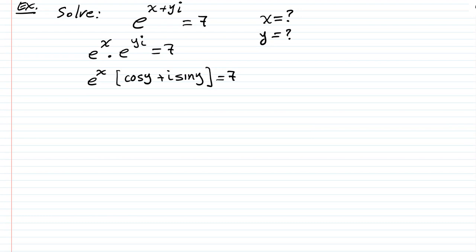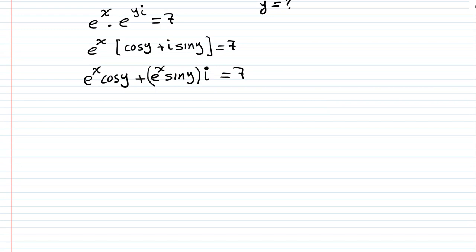Now on the left, let's distribute e to the x, so we get e to the x cosine y plus e to the x sine y times i, and then on the right side we just have 7, the real number 7, which I can write as 7 plus 0i, correct? So you kind of see where this is going to go now, right?